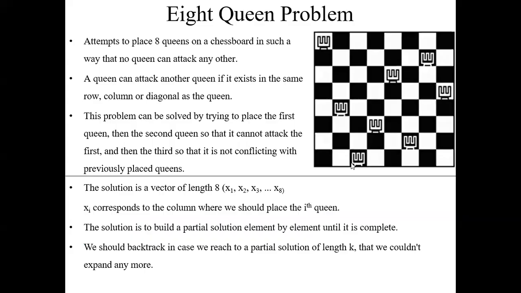So this is the first problem that we have discussed. This is a 8x8 chessboard, and we have to place 8 queens. We can reduce this problem down to 4 queens problem as well for understanding purpose. A queen can attack if it exists in the same row, column, or diagonal. This problem can be solved by placing the queens on the chessboard and checking for the condition. तो यहाँ पे कोई बता सकता है बैक ट्रैकिंग का यूज कहाँ पे आएगा?